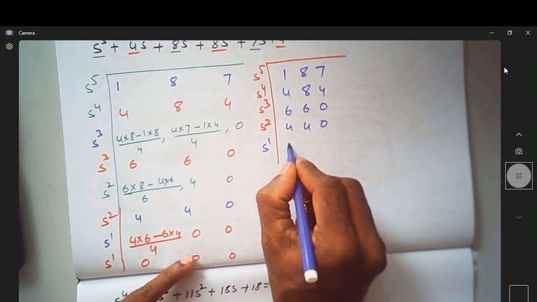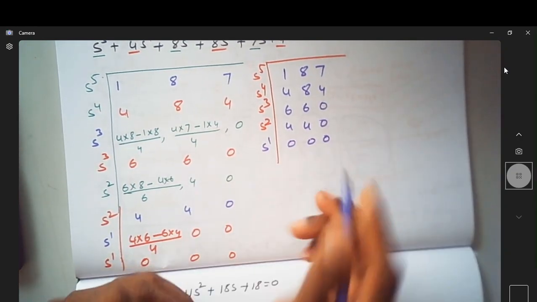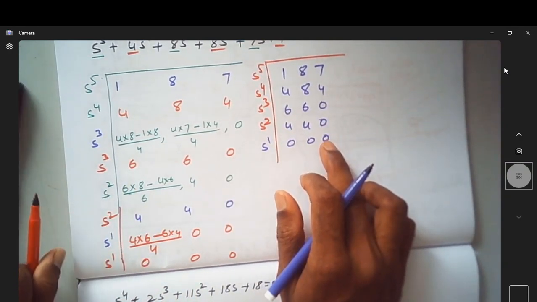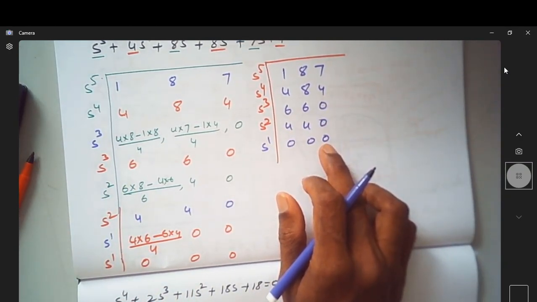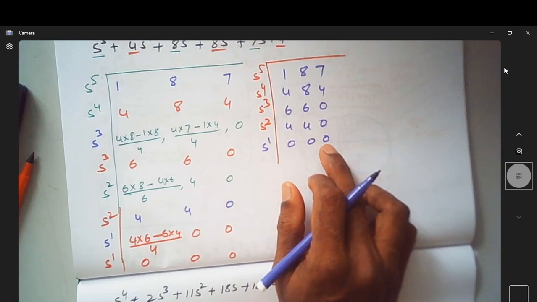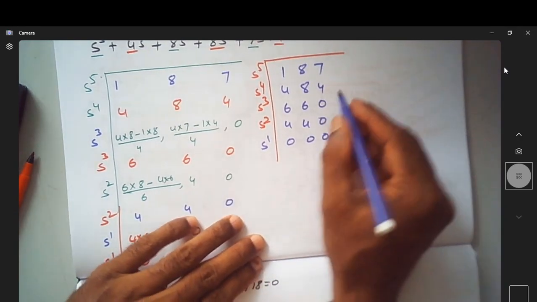Then s power 1 is actually 0, 0, 0. When you have this row of zeros, it indicates a special case, saying that there is an auxiliary equation corresponding to this.